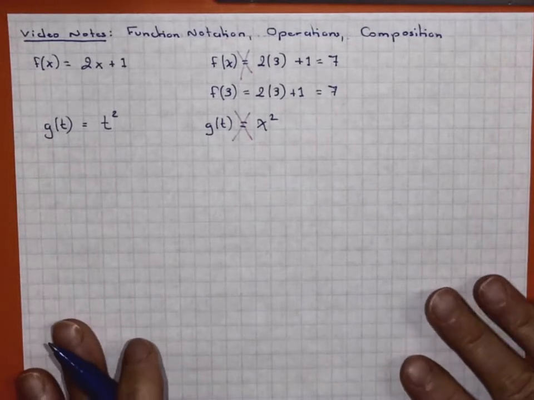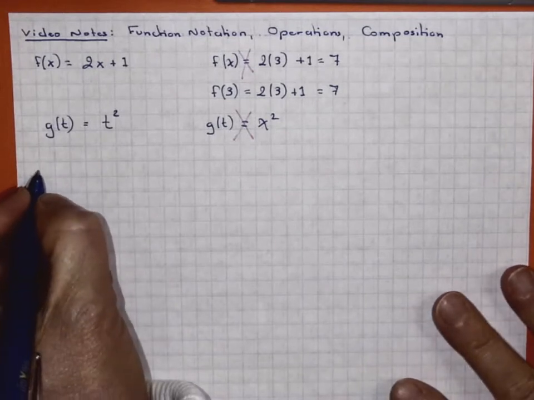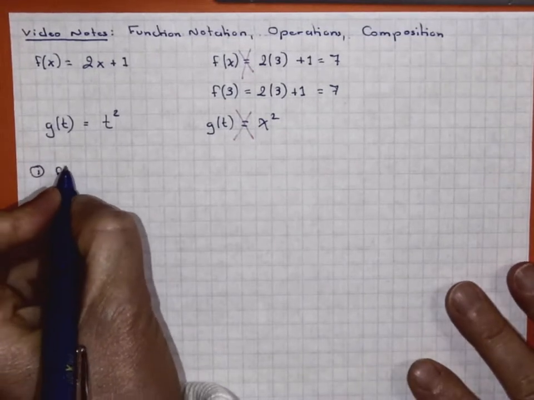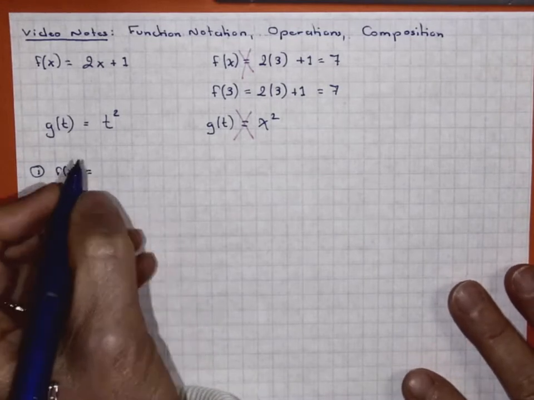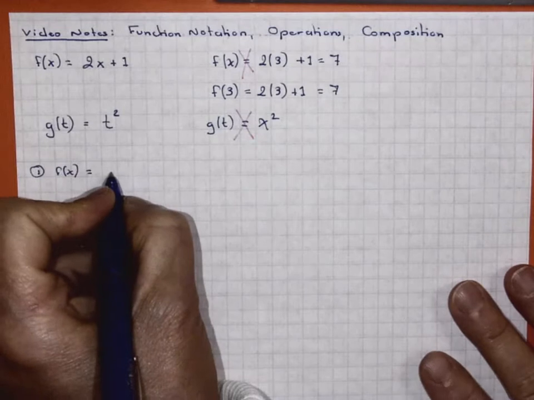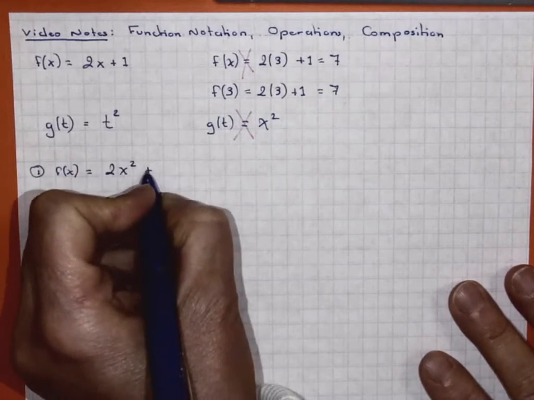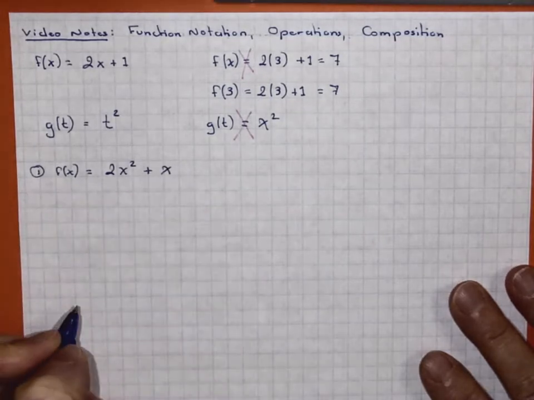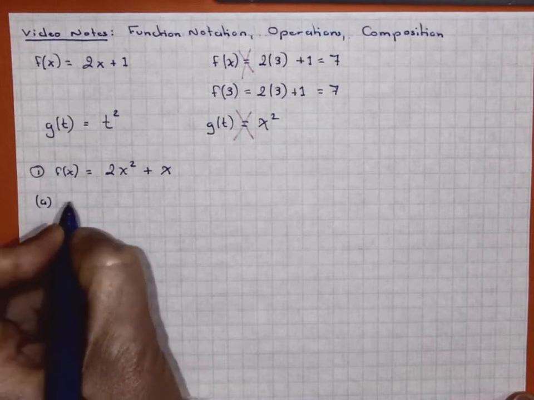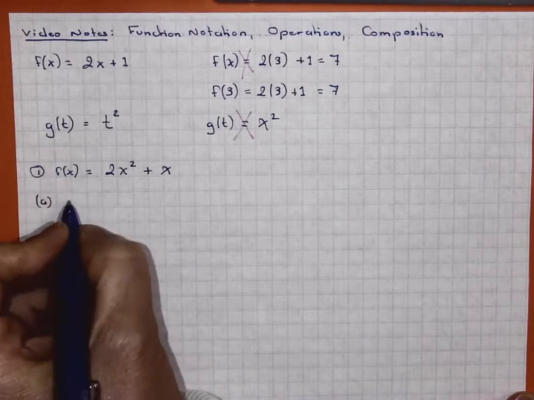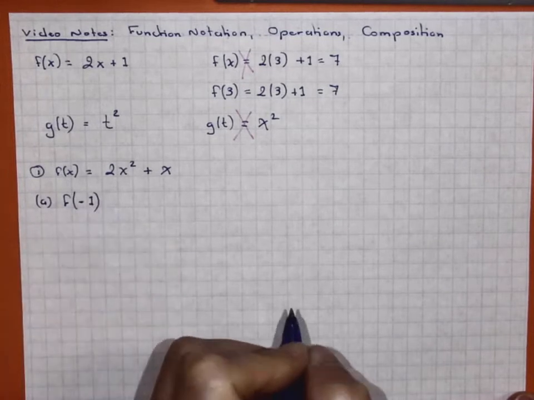So now let's do example 1. f of x equals 2x squared plus x, and I want to evaluate this for f of negative 1, right?